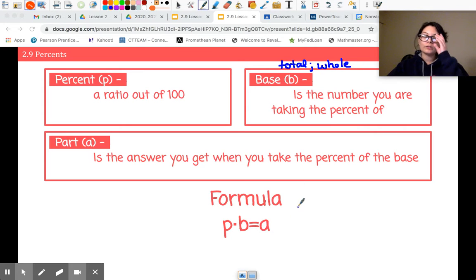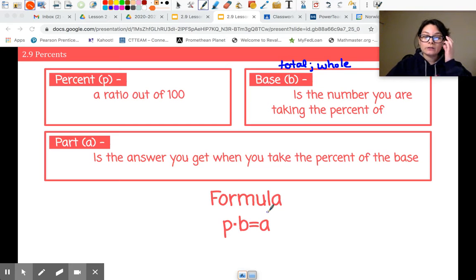If you think about when you take a quiz, if that quiz was worth 50 points and you earned 40 points, the base, the whole, the total, would be the 50 points that you could have earned, and your part, which we're going to say is A, would be what you earned. It's the part of the base. This is the answer that you get when you take the percent of the base. And when we're doing calculations, the base is going to be the number we're taking the percent of.